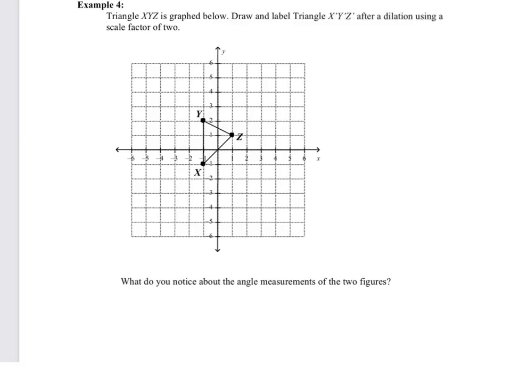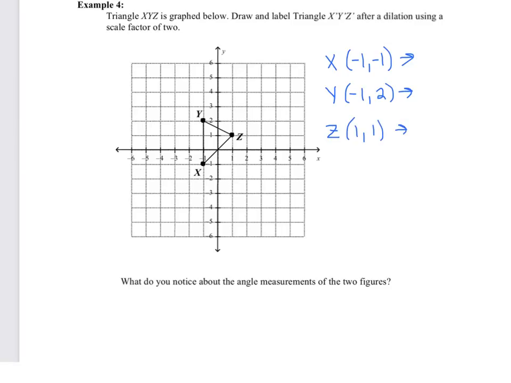So our first step is to identify our original coordinates, our X, Y, and Z. So X is negative 1, negative 1. Our Y is negative 1, 2. And then our Z is 1, 1.